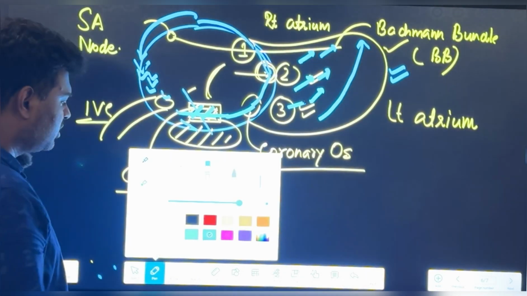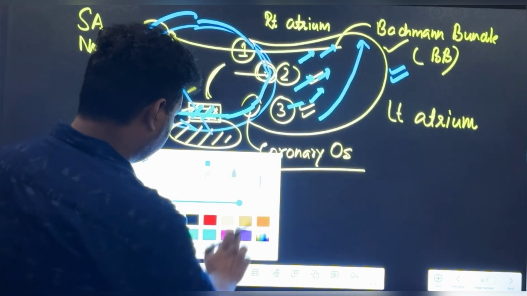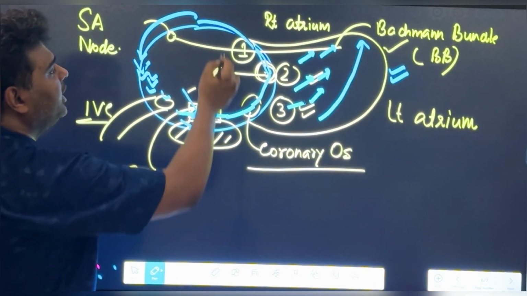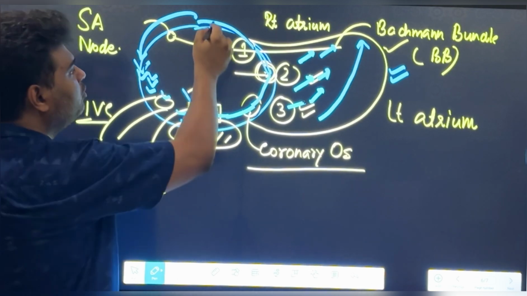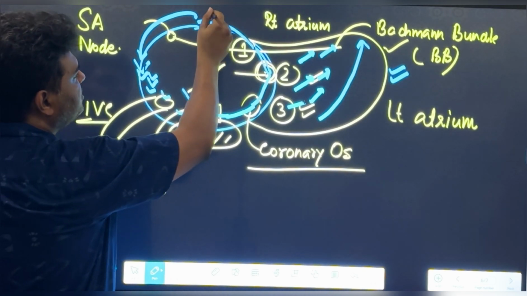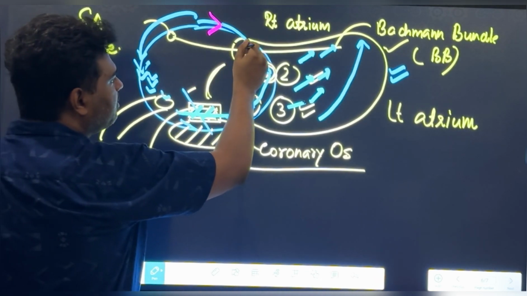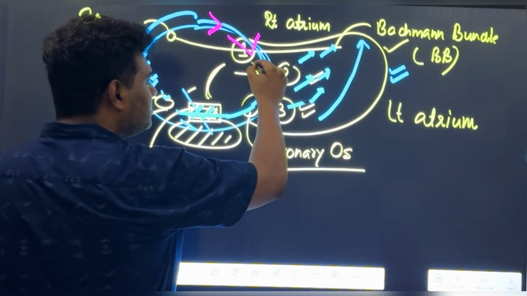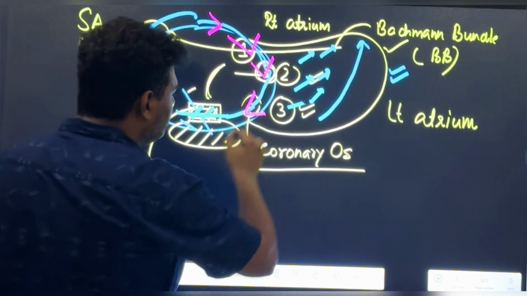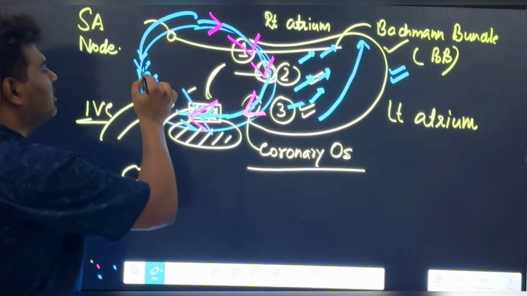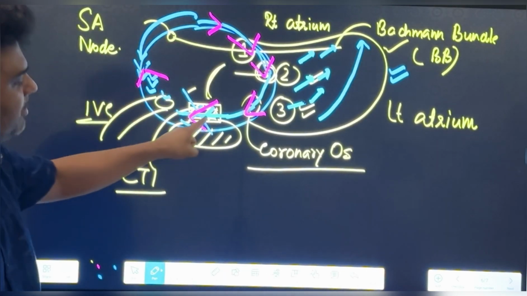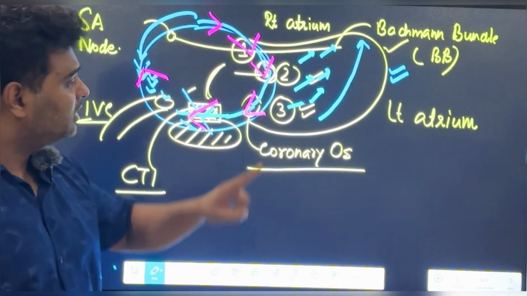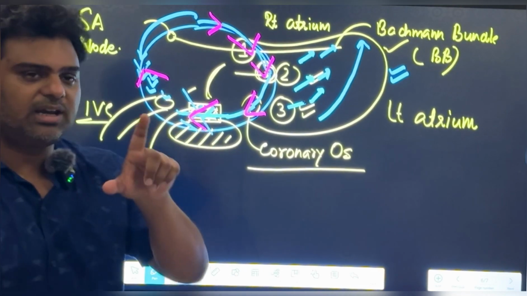Now coming to the clockwise type. In clockwise, the circuit will move from the superior surface, then come to the Bachmann bundle, then the fossa ovalis, then the coronary os, then the CTI, then the lateral wall. Both of them are passing through the CTI, therefore we are saying that both are CTI dependent, but this clockwise is less common.